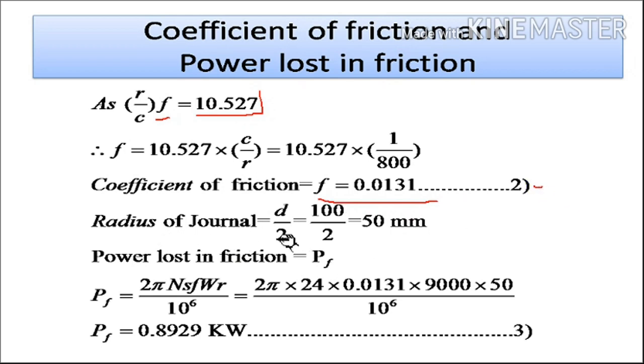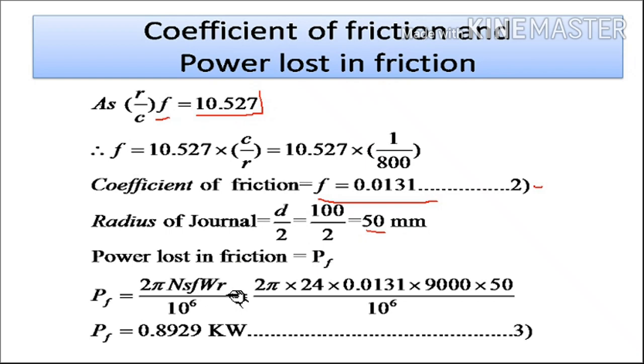Now the radius of the journal is nothing but diameter divided by 2. The diameter is 100, therefore the radius is equal to 50 mm. Now we have to find out the power lost in friction, which is 2 pi n into T. Here 2 pi ns is the omega, and T is the torque, which is F W R. F is the coefficient of friction, W is the force applied, so F W is the frictional force, multiplied by the radius of the journal.